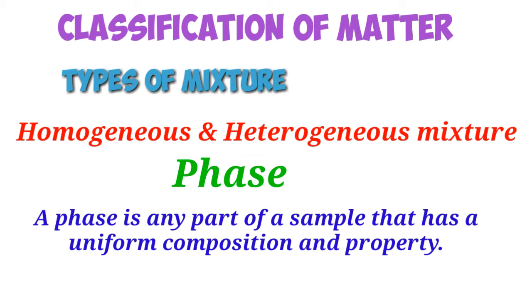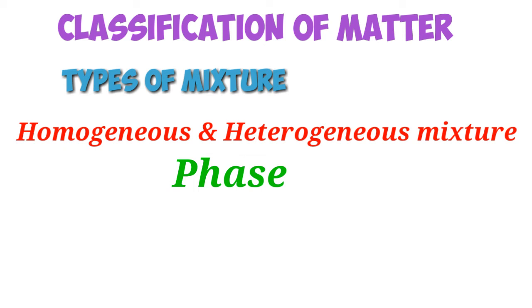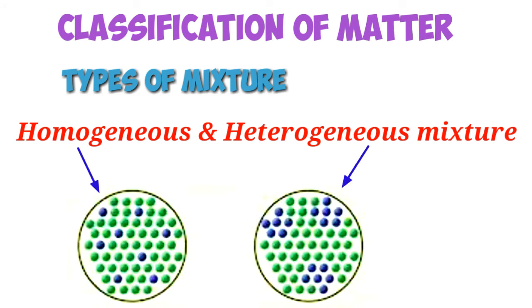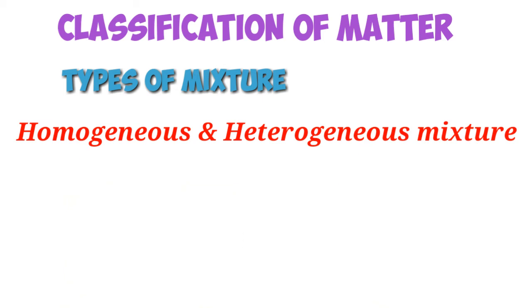For example, when oil and water are combined, they do not mix evenly but instead form two separate layers. Each of these layers are called phase. So we can say that heterogeneous mixture consisting of two or more phases, whereas homogeneous mixture consisting of only single phase. Another example of heterogeneous mixture are mixture of sand and sugar or mixture of oil and water, another one mixture of salt and sugar, etc.